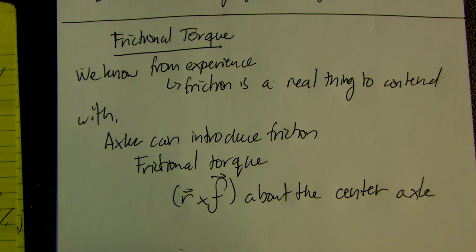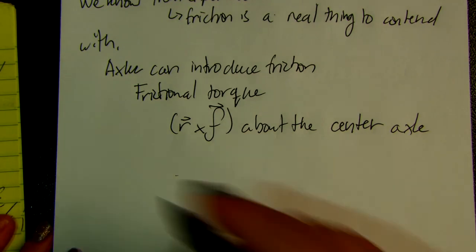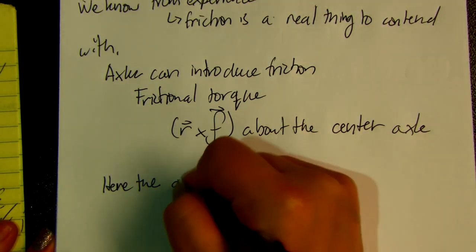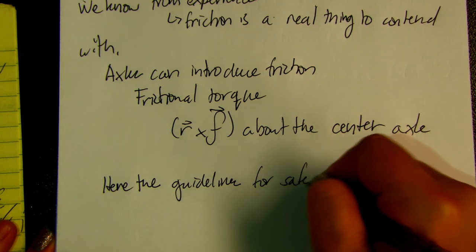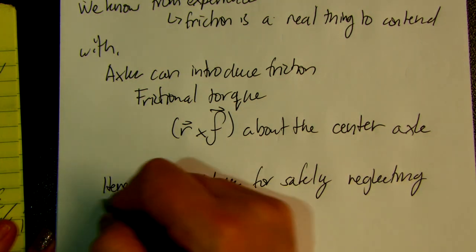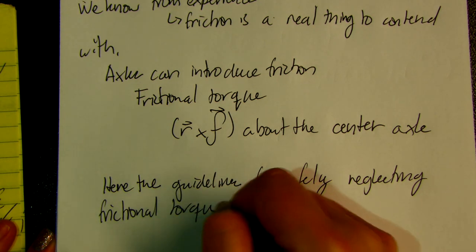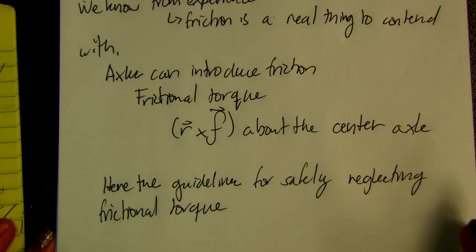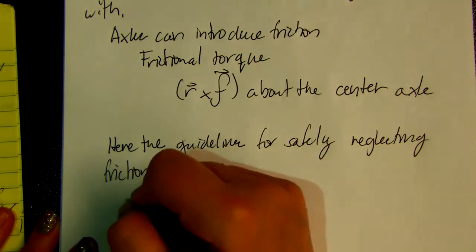And so the guidelines for whether or not you can neglect frictional torque are as follows. So here are the guidelines for safely neglecting frictional torque. Otherwise, you need to use R cross F, which involves the coefficient of friction and the frictional force.